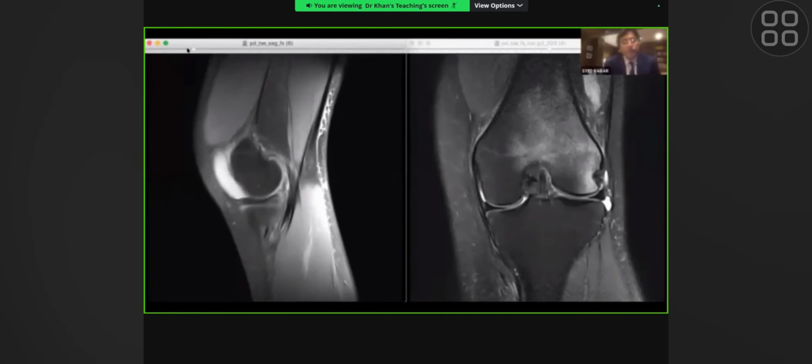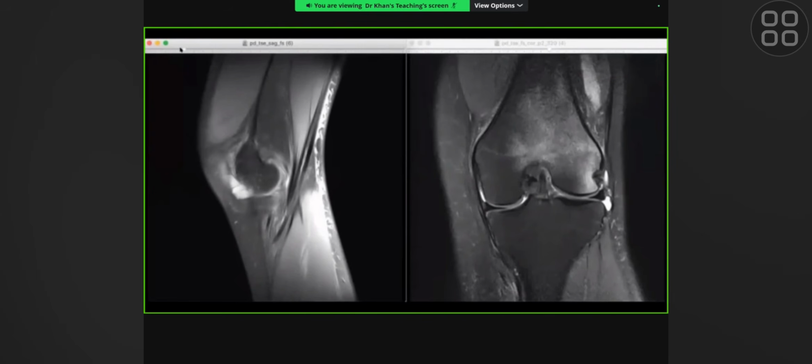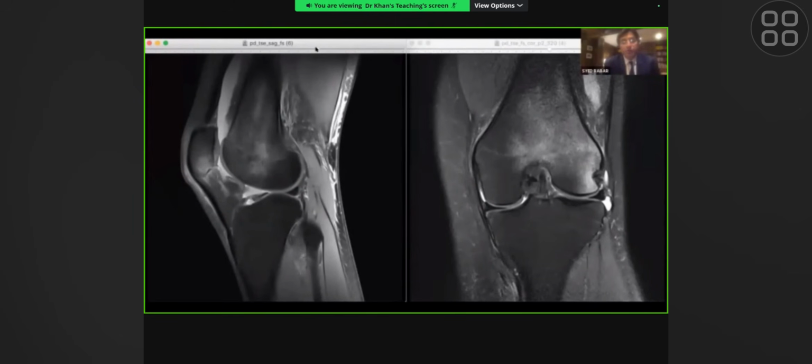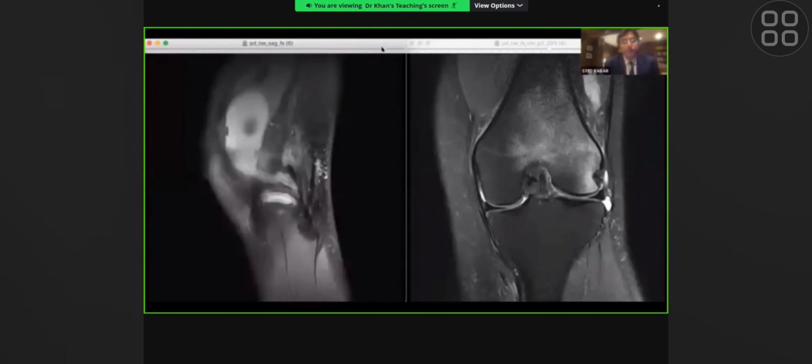Can you point out? I think we're on the medial side of the knee. That's okay. There you are. Starting with the lateral side, that's the bunny sign of the conjoint tendons. So going laterally first.